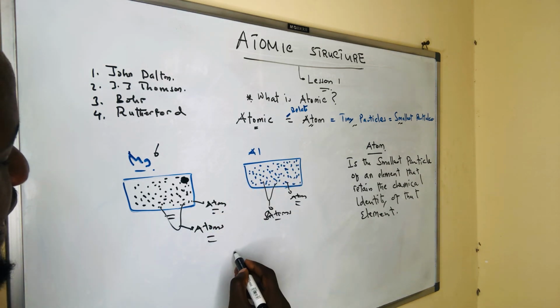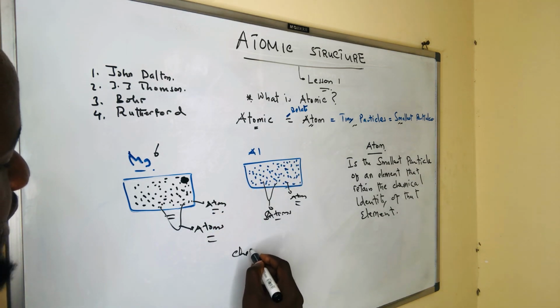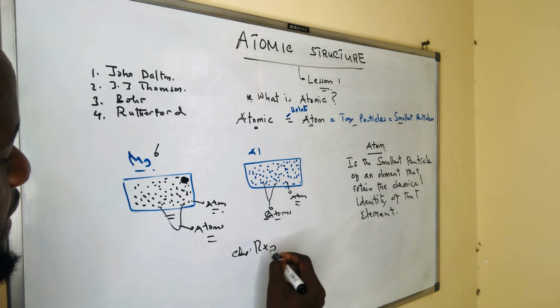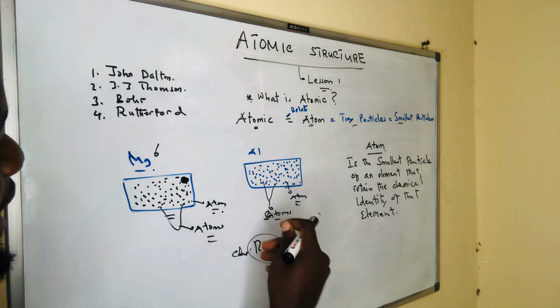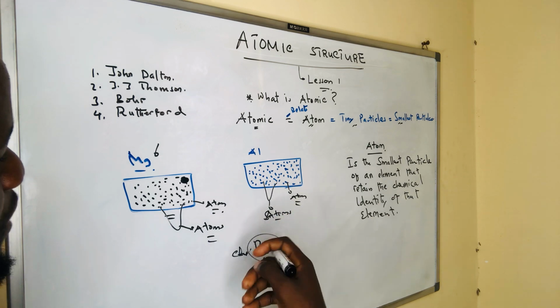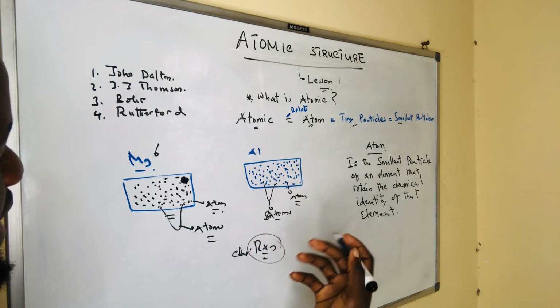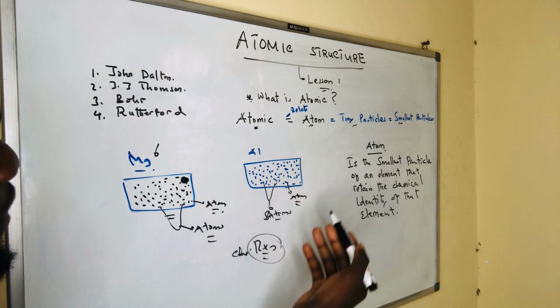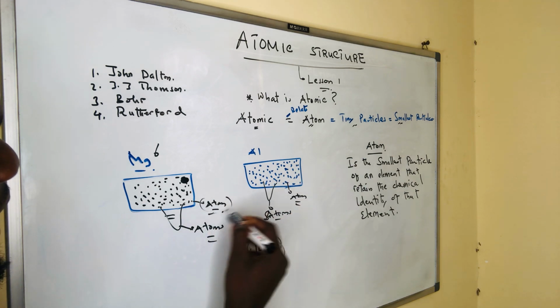And in every chemical reaction, substances ambazo huwa zimekuwa involved kwenye reaction huwa ni electrons, na electrons huwa zinapatikana kwenye atom.